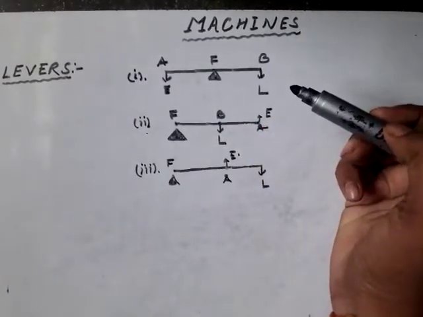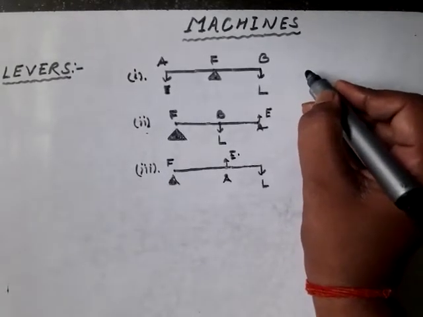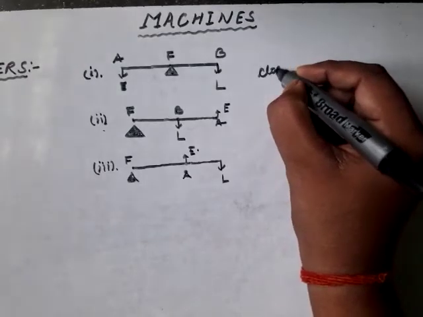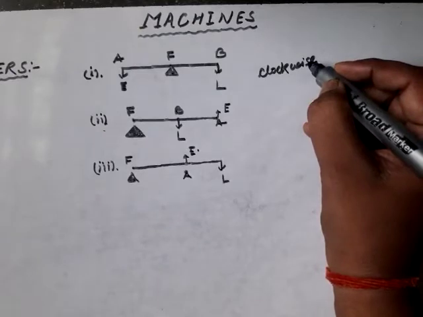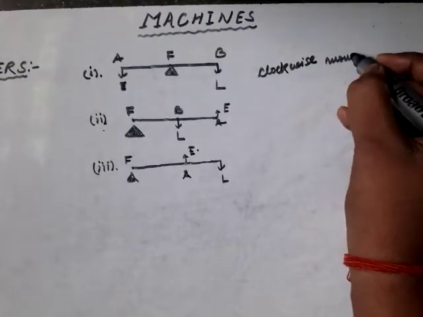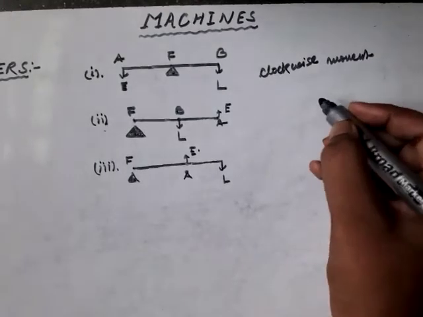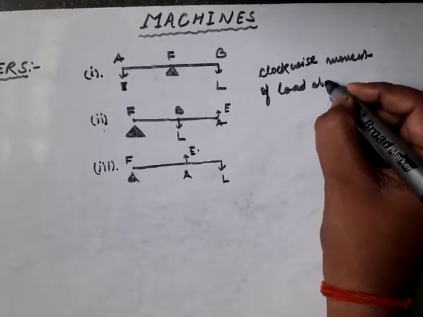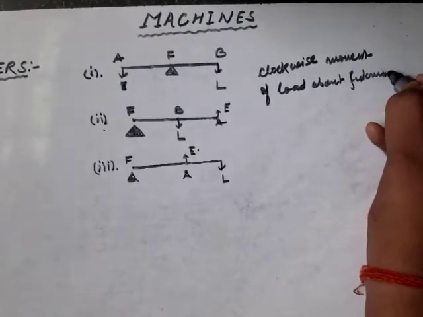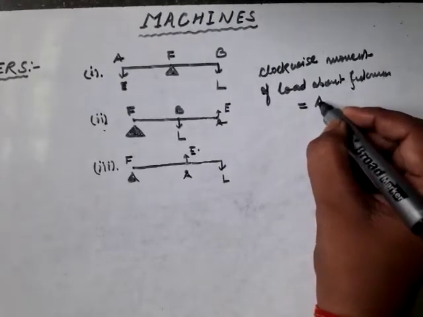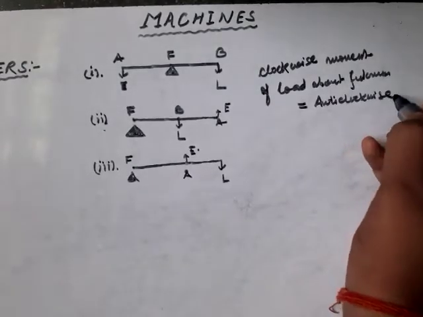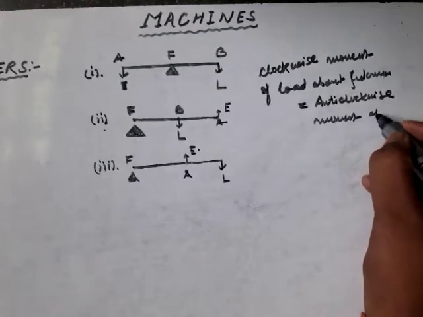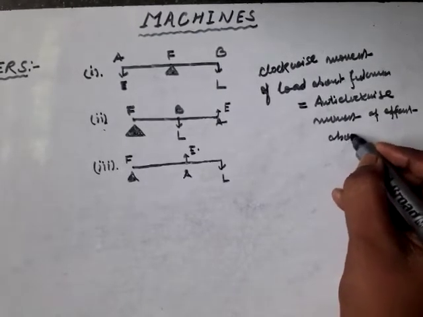So we can write: clockwise moment of load about fulcrum equals anti-clockwise moment of effort about fulcrum.